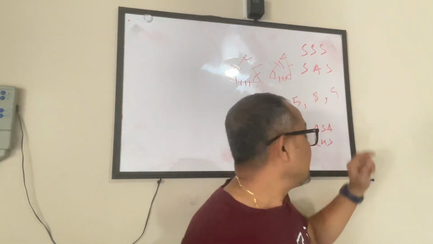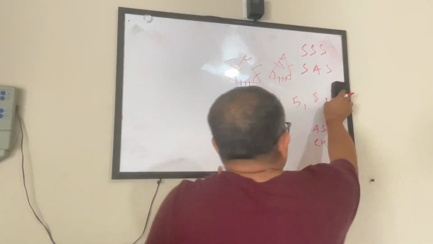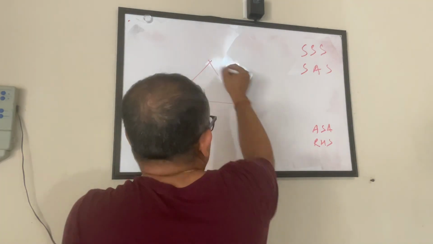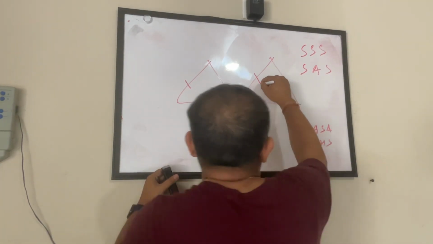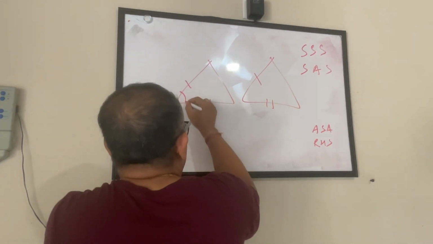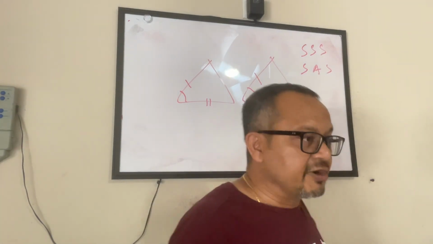Then we looked at the second theorem called SAS, side angle side. Meaning, if there are two triangles, this and this, where one side is matching with this side, the second side is matching with this side, and the angle between them is matching, then the two triangles are congruent.